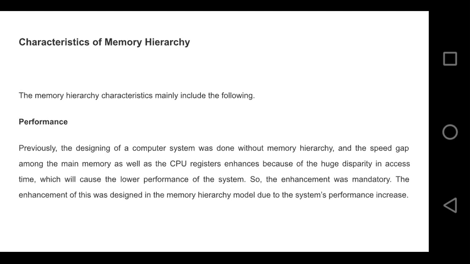So the enhancement was made mandatory. The enhancement was designed in the memory hierarchy module to increase the system's performance. So performance is one of the main characteristics of the memory which can affect the overall computer system speed.